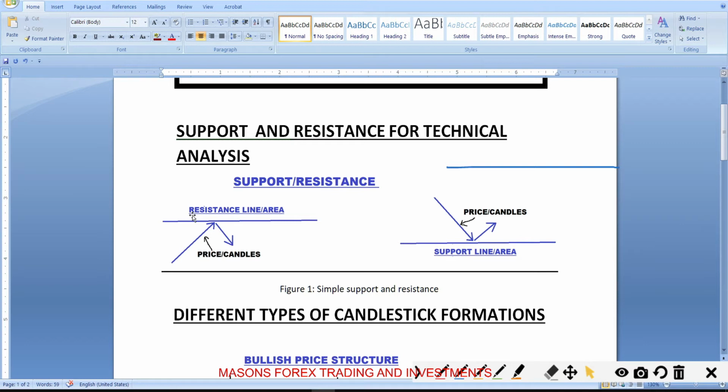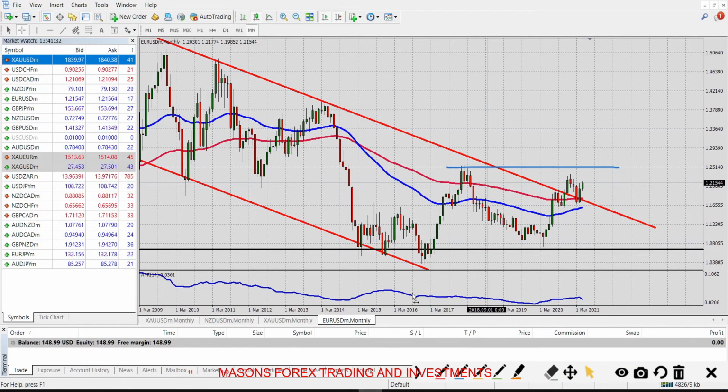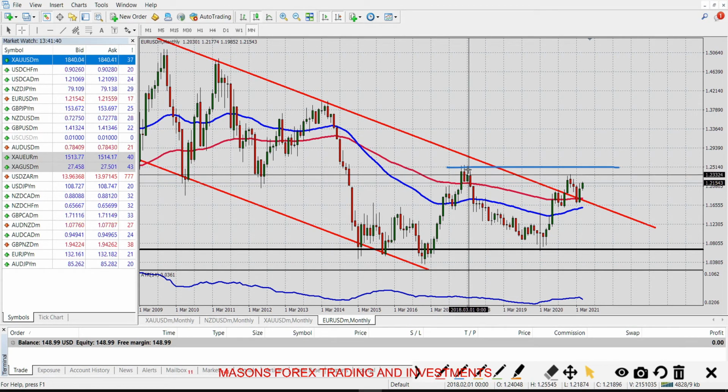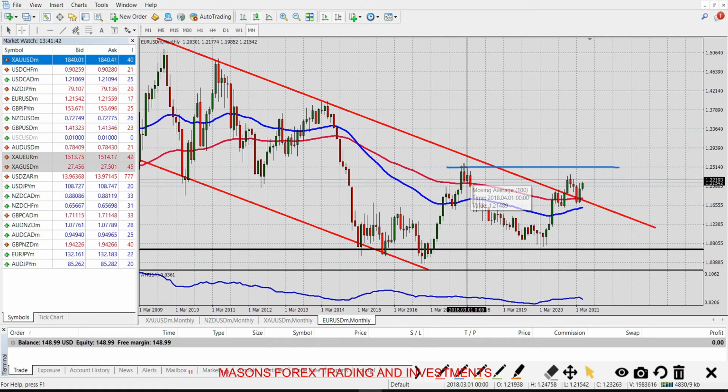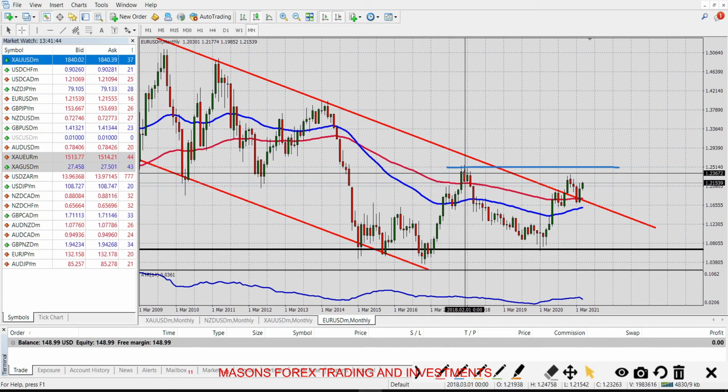As you can see from the notes, we're looking for a resistance line or area. In our case, we have a few touches here. We have approximately 1, 2, 3 touches here. But because this area was created about 3 years ago, hence it has significance.